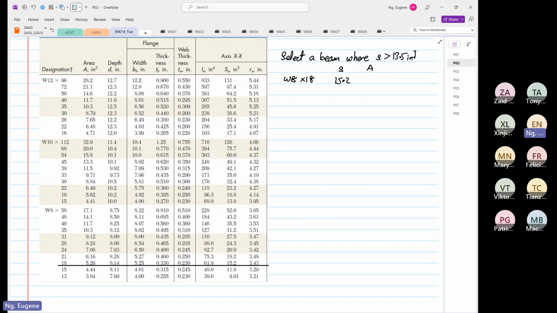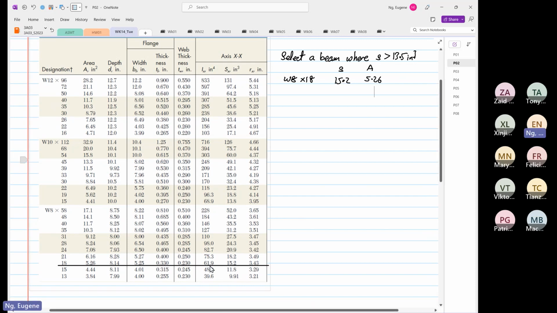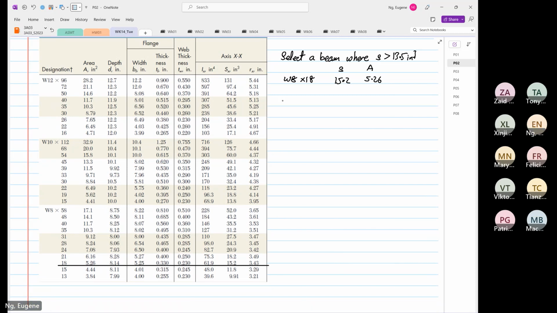The area is 5.26. Then there is no point using any higher than that, because it will be more expensive if you look at the cross-sectional area. The next one we can choose is W10 by 15.